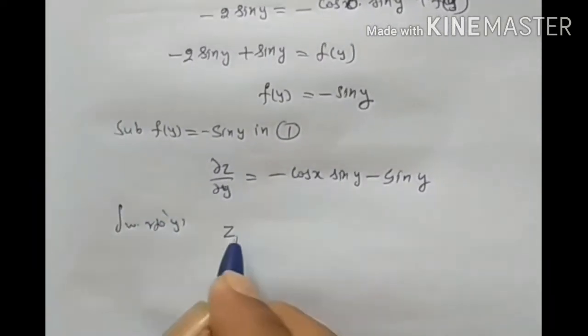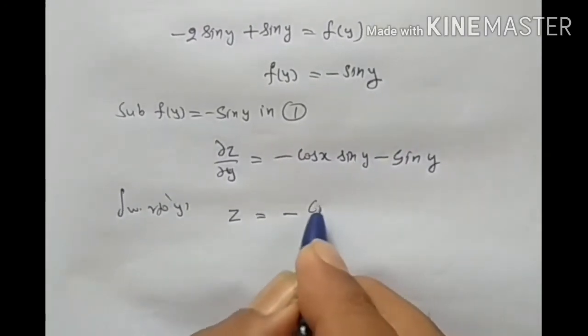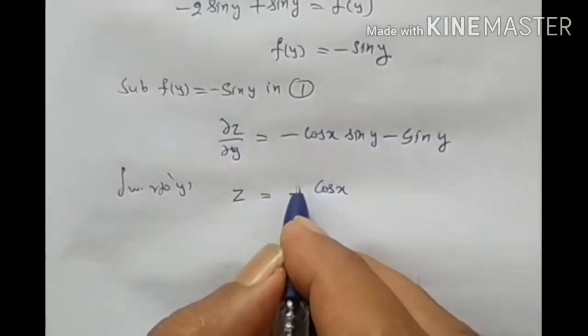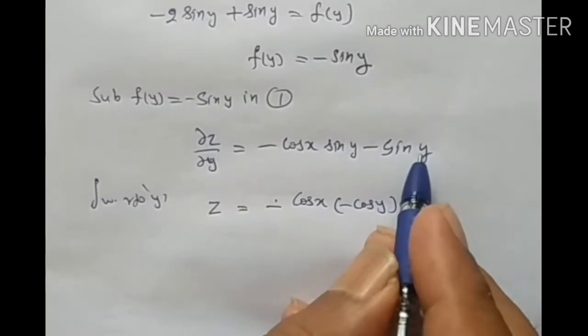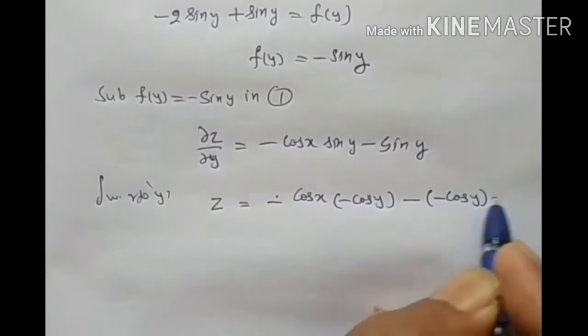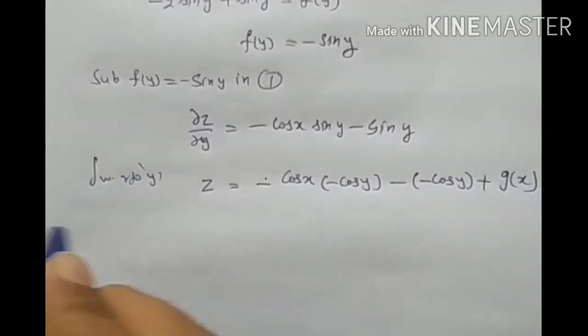So this one we can write as minus cos x into the integration of sin y, which is minus cos y, minus sin y is minus cos y, plus a function of x as arbitrary constant.